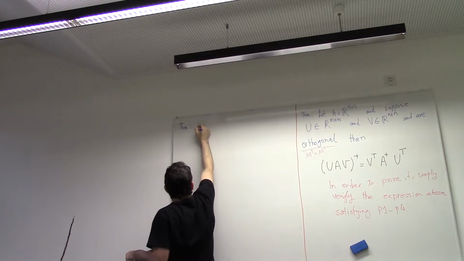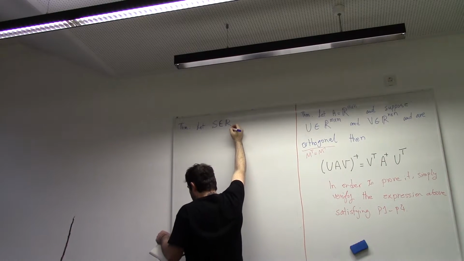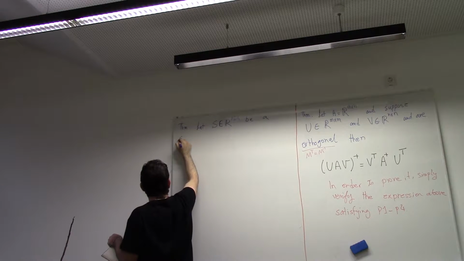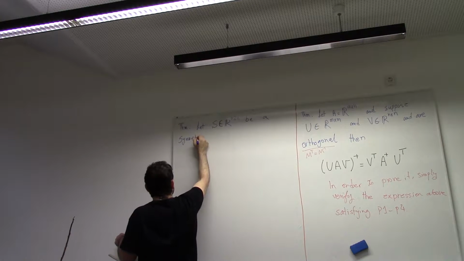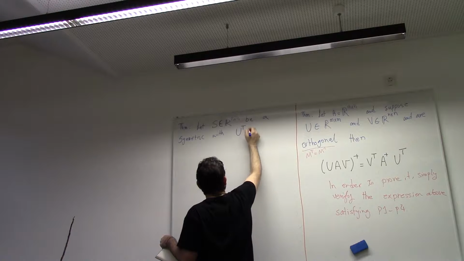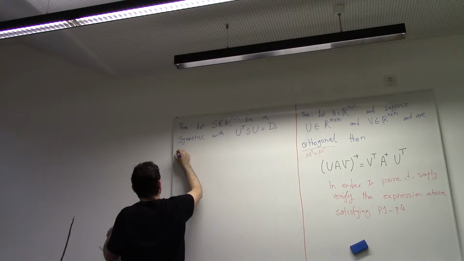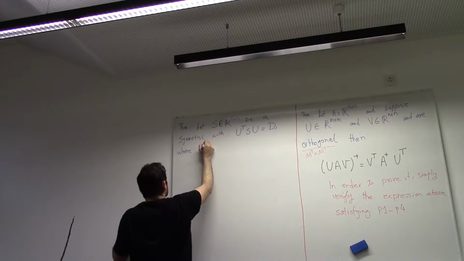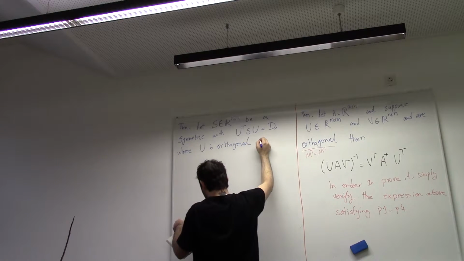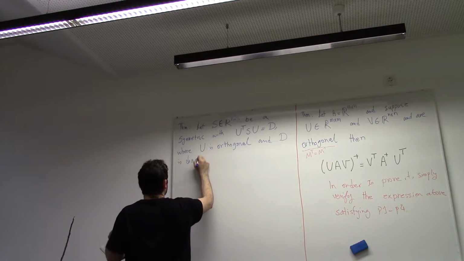The theorem is: let S belong to R n by n be symmetric, with U transpose S U equal to D, where U is orthogonal and D is diagonal.